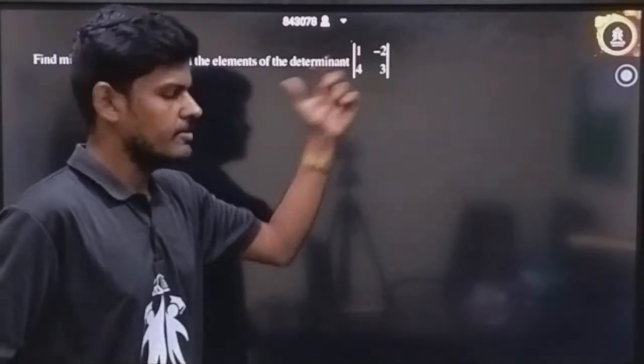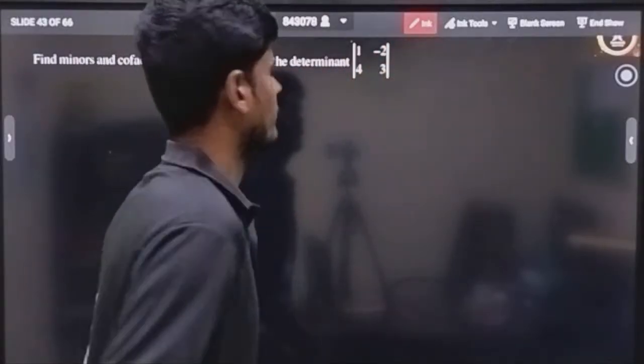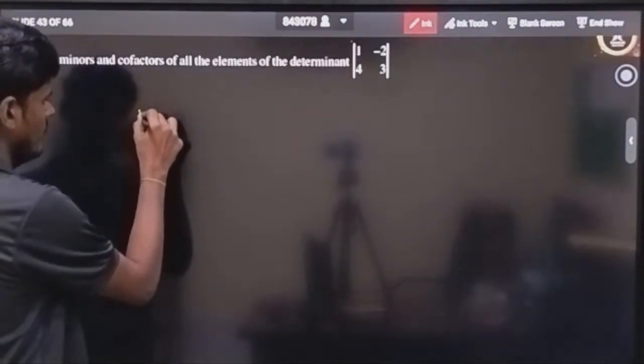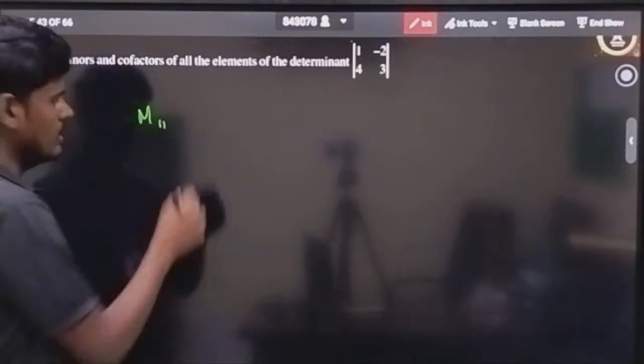Okay, now we will discuss a question. Find the minor and cofactor of all the elements in the given determinant. What is the minor? Minor of the first element, that is M11.